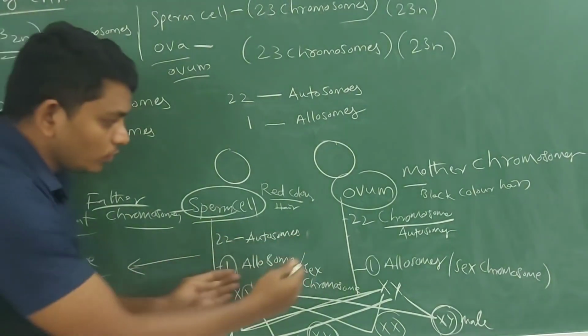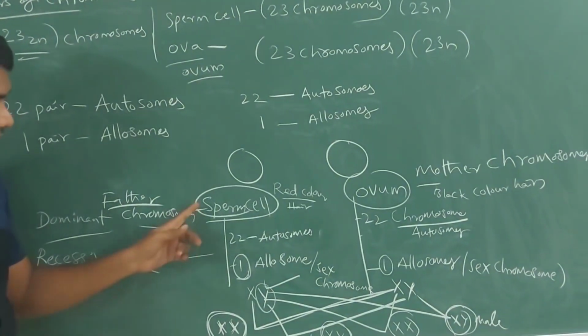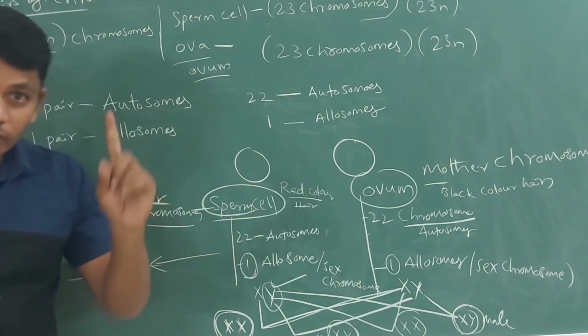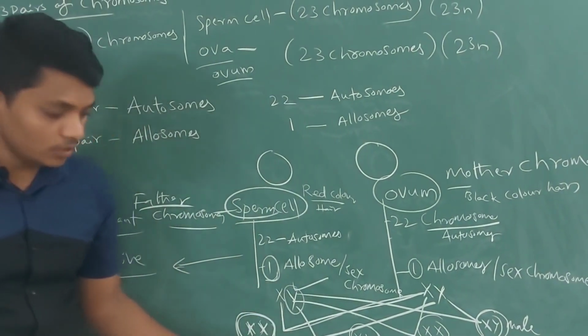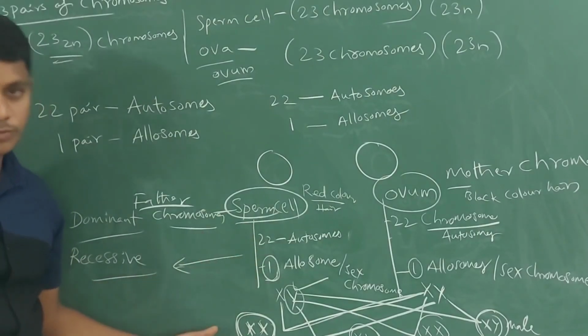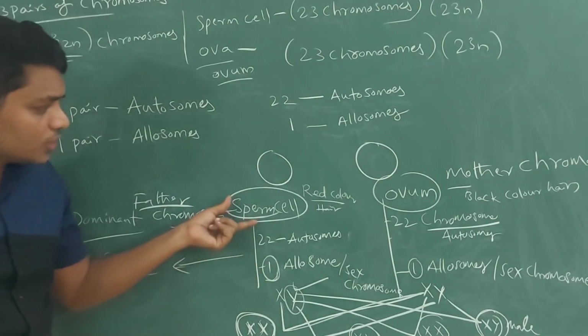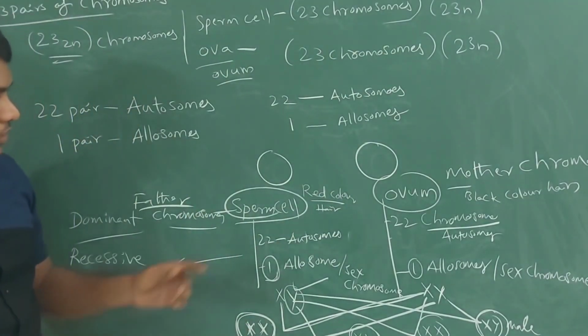When these two chromosomes fuse or combine, then one of the characters will come in the next generation, the next offspring. Here the sperm cells are carrying forward the characters already discussed.